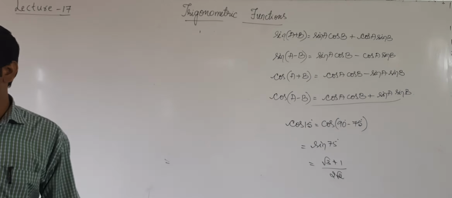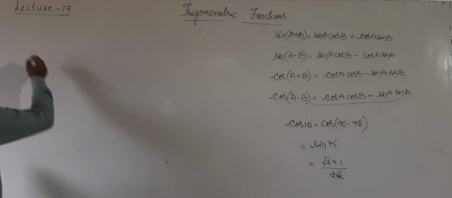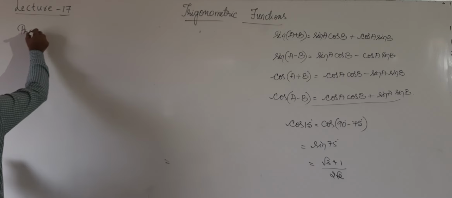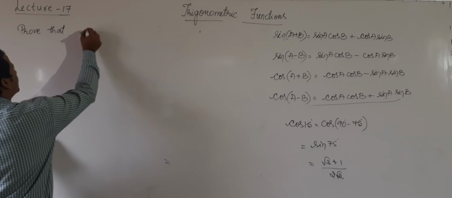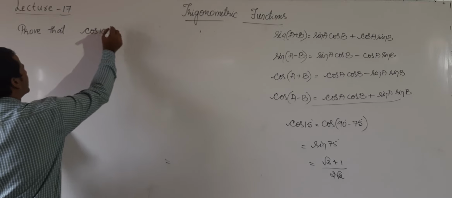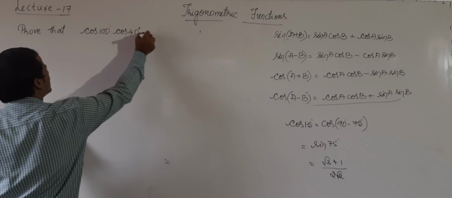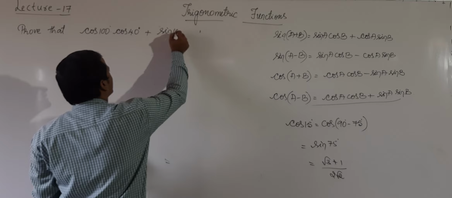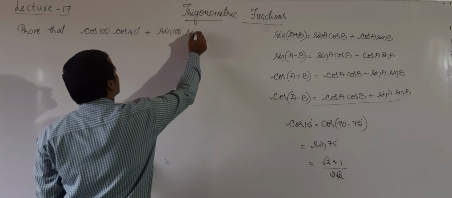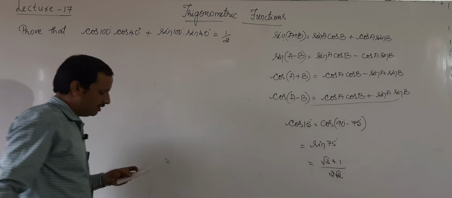Okay, next, let us take one problem now. Prove that cos 100 degree into cos 40 degree plus sin 100 degree into sin 40 degree is equal to 1 by 2.